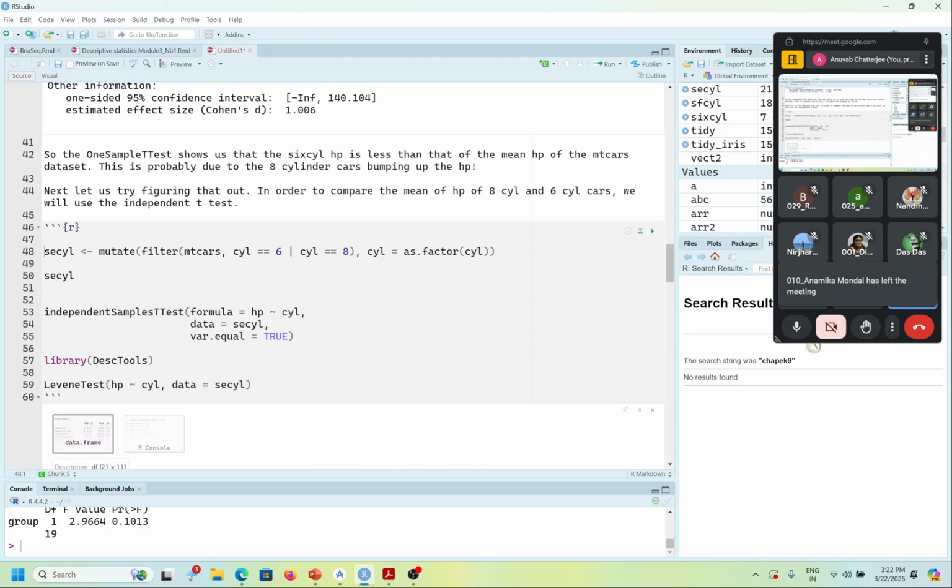So factor is just that, you convert the variable which is ordinarily an integer to a name kind of thing, which is a factor. We do this because the t-test function can only take factors as its inputs. So we have to run this. It is not related to the t-test itself, but to the function that we are using in R.